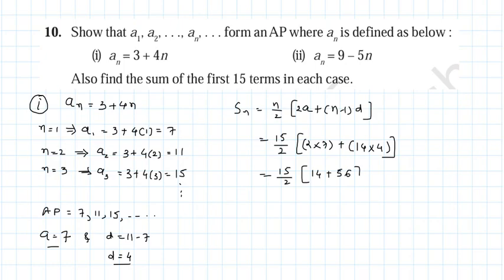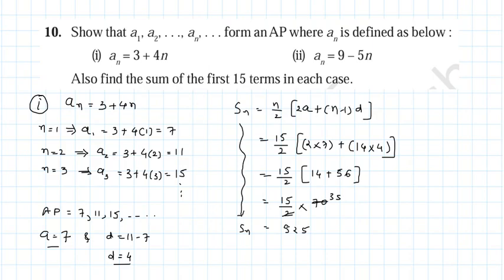So that is equal to 15 by 2 into (14 plus 56), that is 15 by 2 into 70, that is 35 into 15, that is equal to 525. So the sum of the first 15 terms we got is 525.